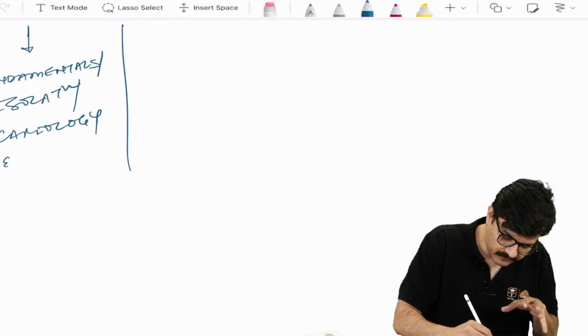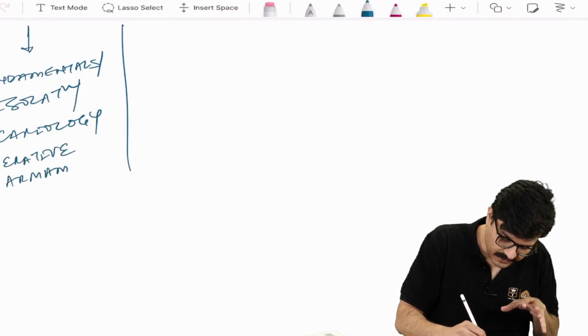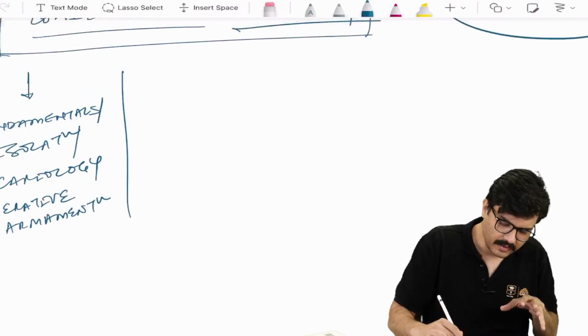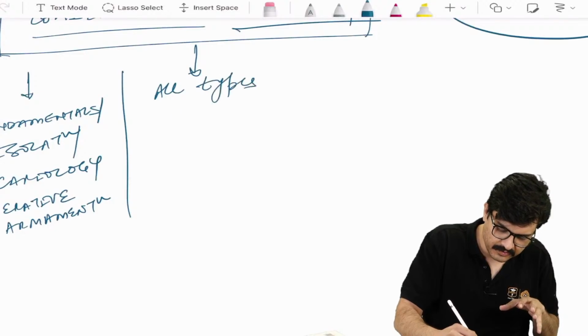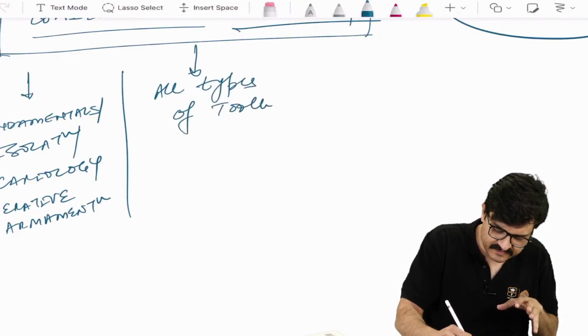Armamentarium, operative instrumentarium on the other hand, and all types of tooth prep. And usually, tooth preparation specifically, they're not going too much into the detail.